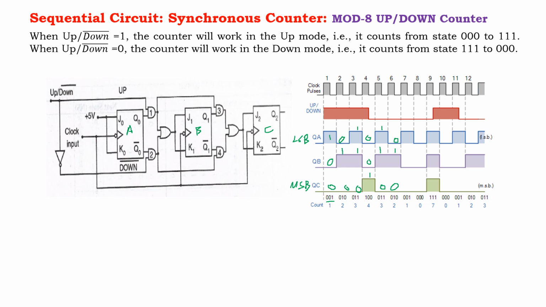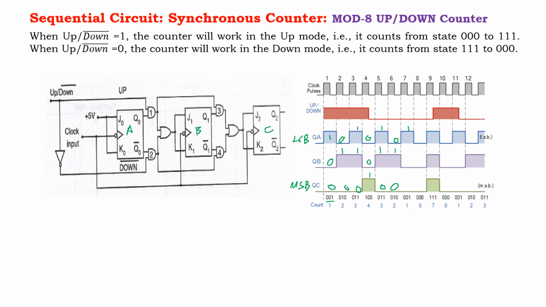Now again this will come as the toggle 1. Now again this is 1, so QA is 1. Okay, so this is 0, so 1 0, so this is 0.